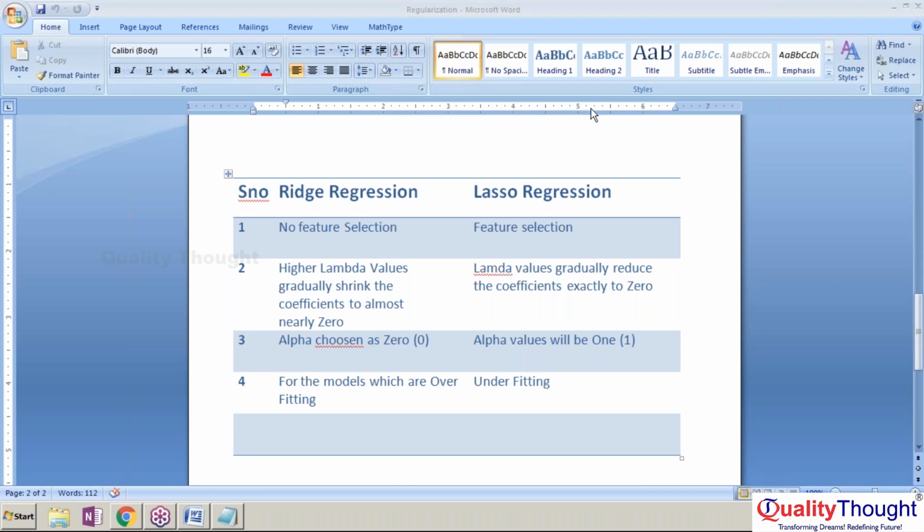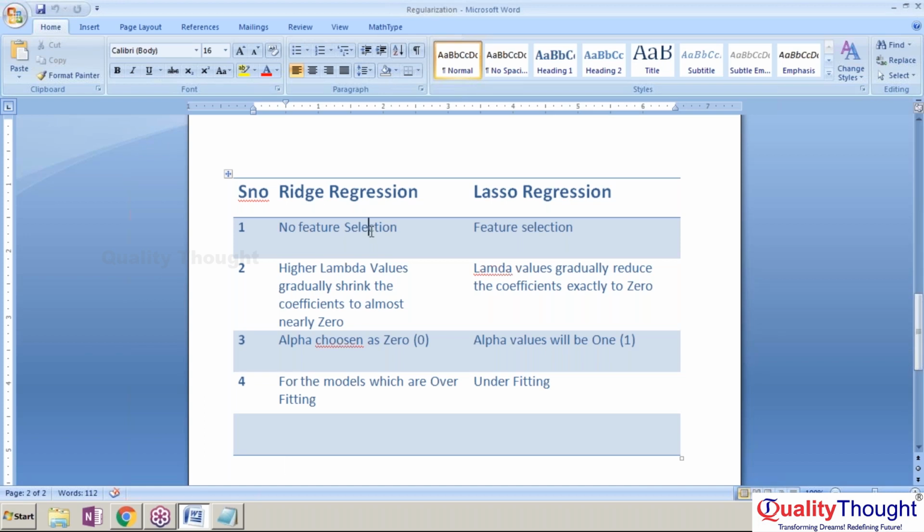And even while shrinking the coefficients, ridge regression will not make any sort of feature selection, whereas lasso regression will. Let me say, for example, I have 5 predictors and one response. Out of the 5 predictors, if I think 2 predictors are of no use, lasso regression will remove them and make them 0.